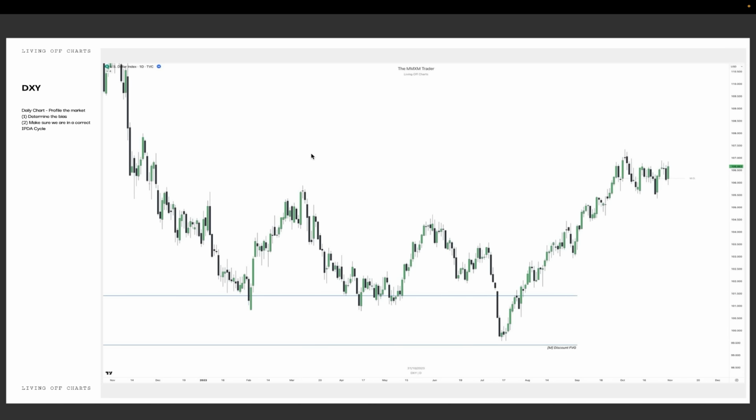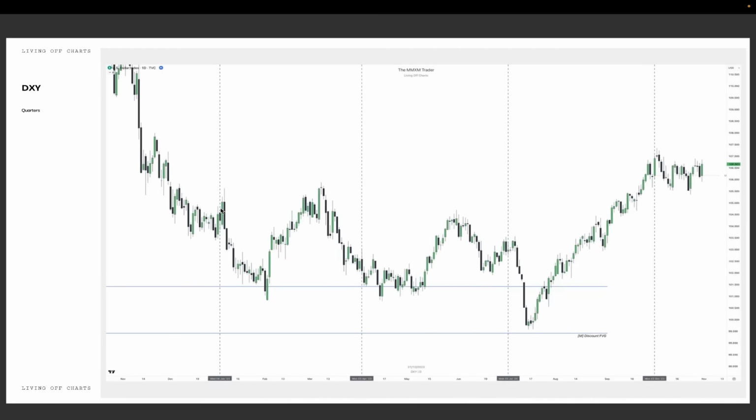Now, when you're looking at a daily chart like this, it can be kind of confusing to determine how we are going to do this. But this is why we need to break up the charts into quarters for the previous quarters, and then look at the next upcoming quarter. We're going to now put the quarters on here, and this is where trading and higher time frame bias becomes mechanical.